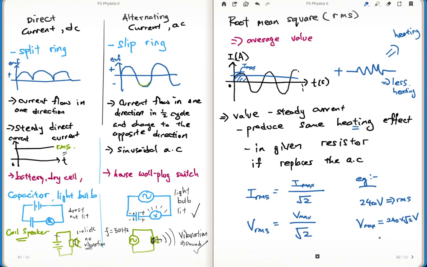That would be somewhere around 339 maximum. So the one we read from the plug, 240 volts, 50 hertz, is actually the RMS value. So in order to find out maximum, you need to multiply by 1.414, or root 2.